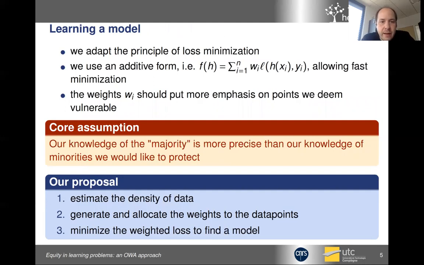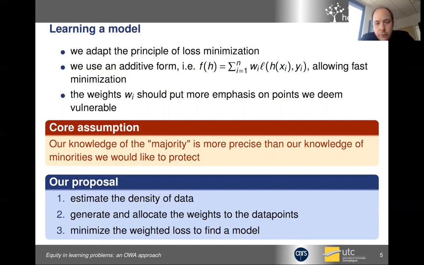As I've said, we adapt the principle of loss minimization. We still have an additive form, but instead of having 1/n as weights over each of the data points, we have individual weights for each of them.